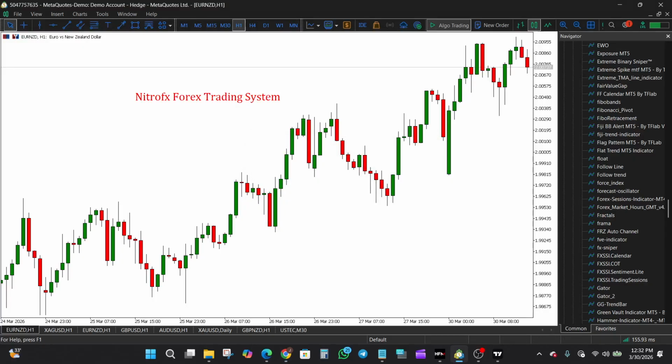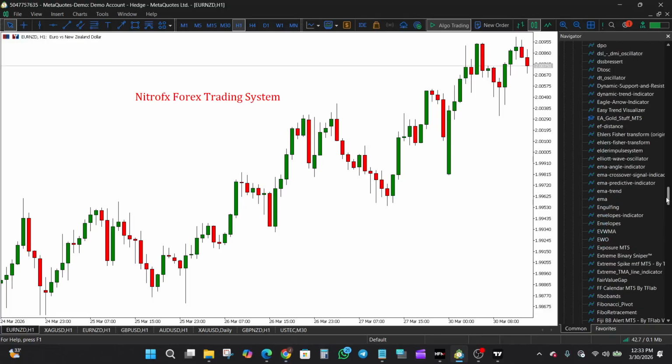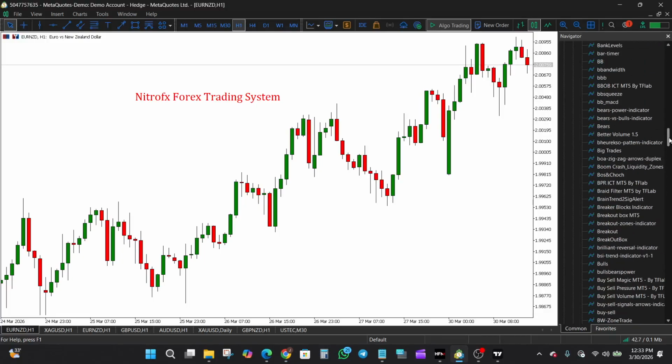Alright, so the Nitrofx Forex Trading System is a multi-indicator strategy designed to provide a structured way of identifying trend direction and trade opportunities. This system often combines trend following indicators with momentum and confirmation tools to filter out weak signals.